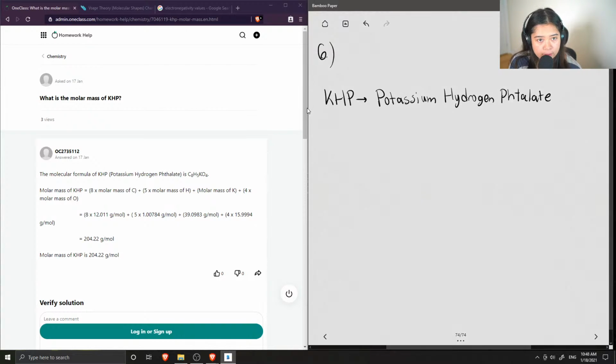And I can draw out the structure of KHP. It's basically like this benzene ring that has a potassium carboxylate group, and also just a carboxylic acid group, like that.